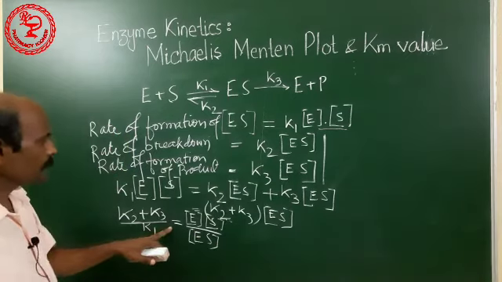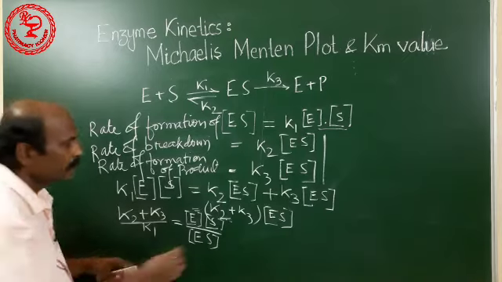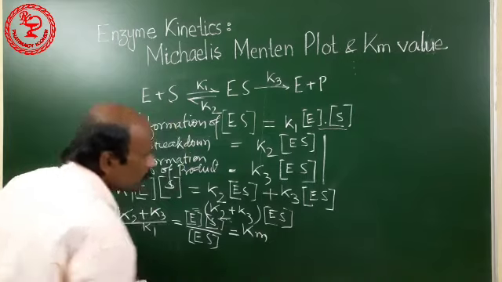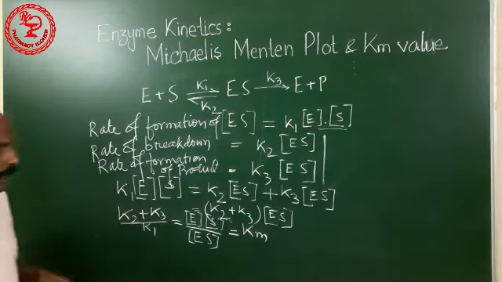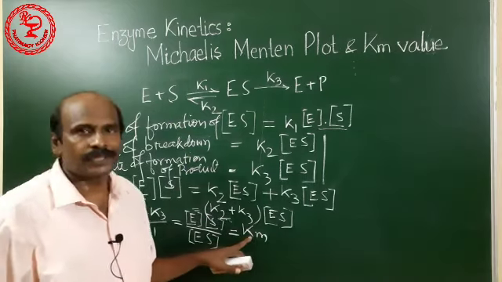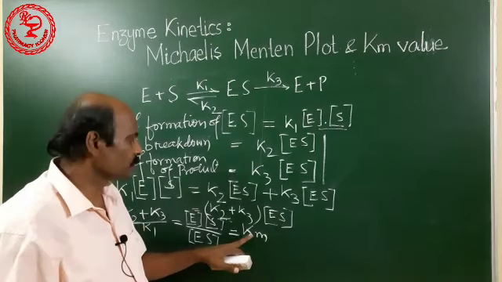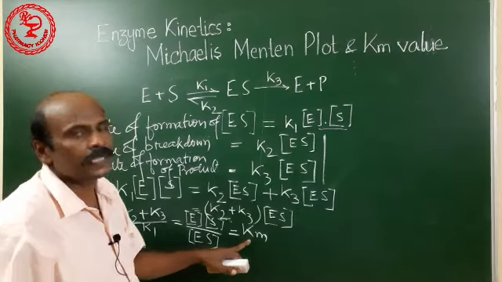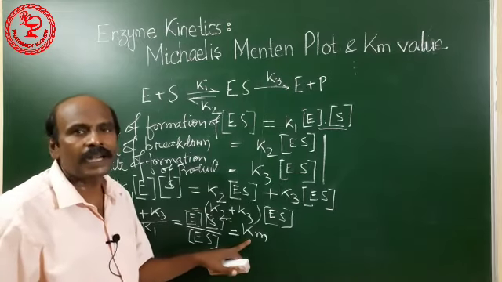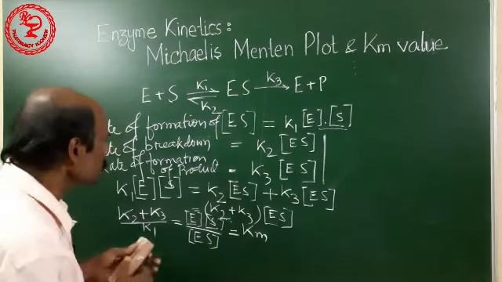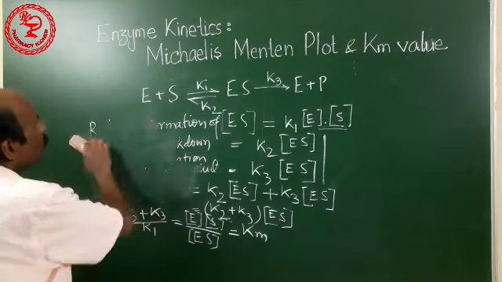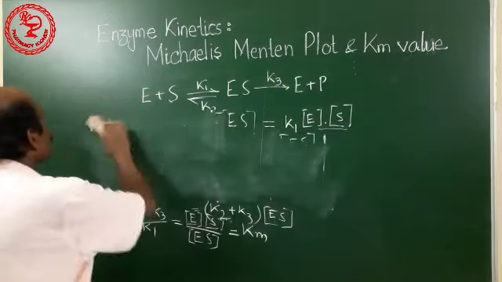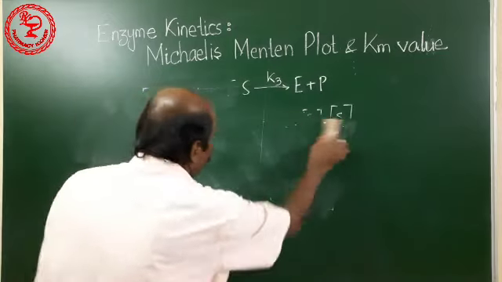This is a new constant called Km. Km is the Michaelis-Menten constant. It is also known as the Briggs and Haldane constant. Now, we can deduce a formula from here.